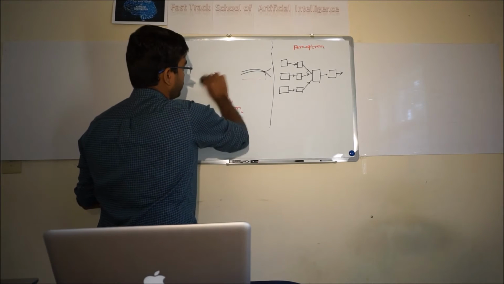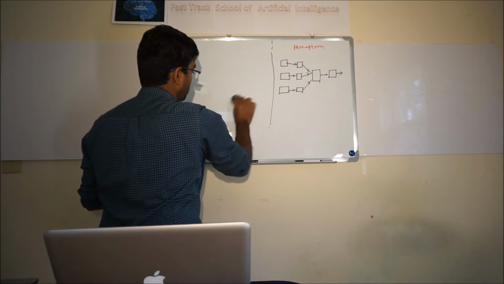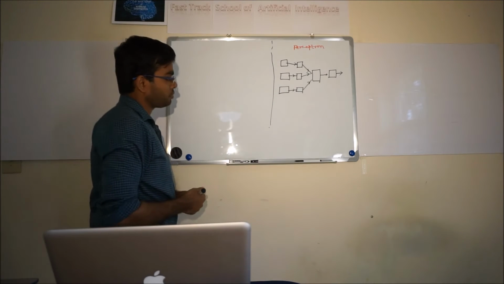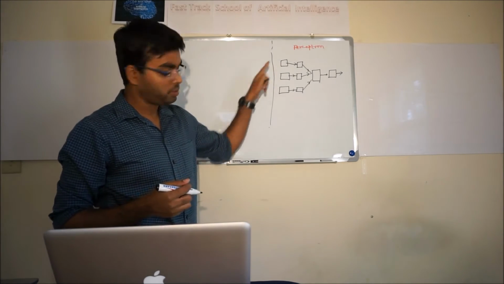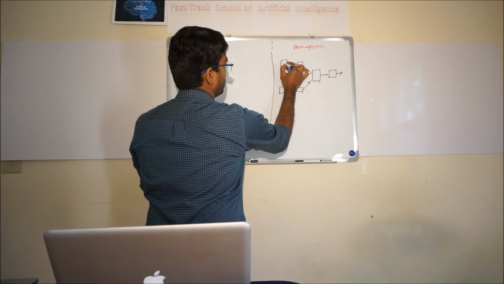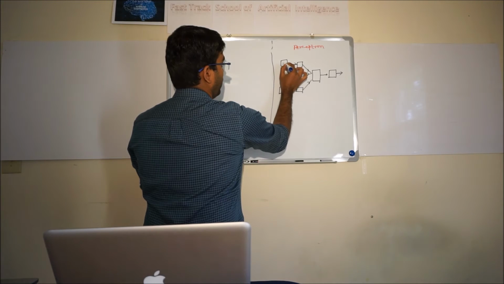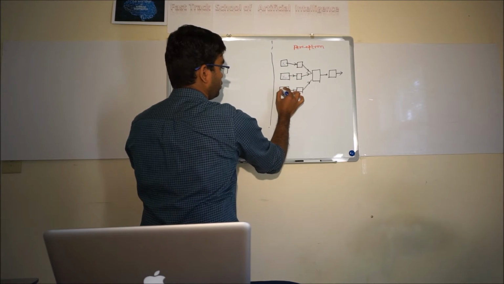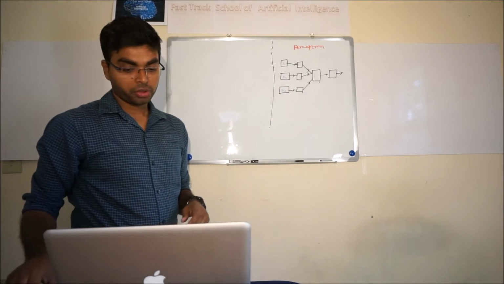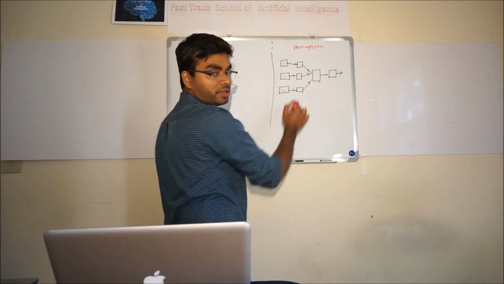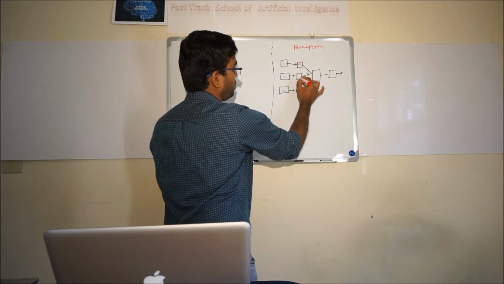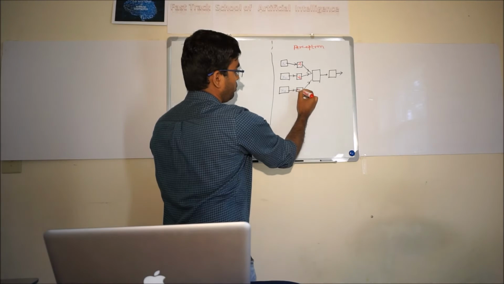So we're done with the biological neurons now. This is our reference. These things are inputs. Let's term them x1, x2, x3. In the next box are the weights and biases. Initially let's term them W1, W2, W3.